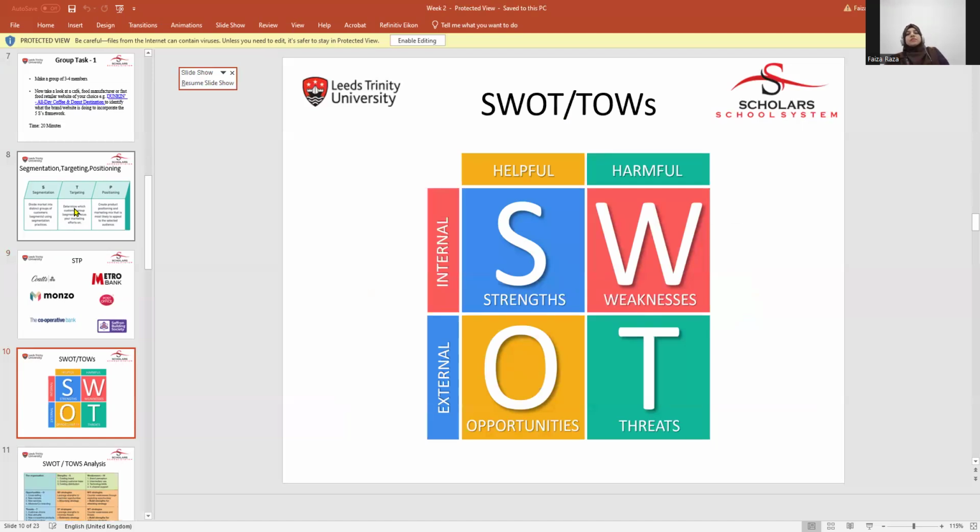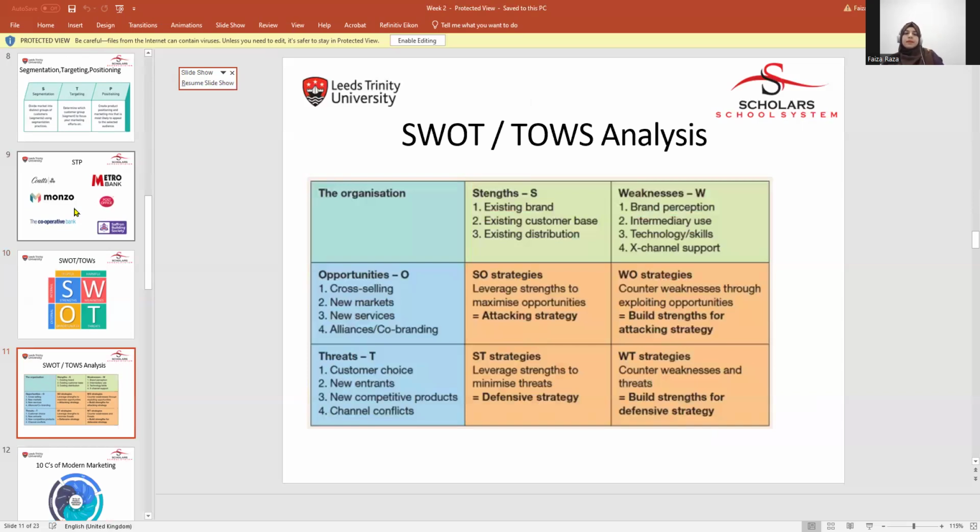SWOT analysis is an internal analysis of the organization, which looks at the strengths, what they do well, then the weaknesses and how they can turn the weaknesses into opportunities, and then threats. So here, for S, you can say the existing brand is their strength, the existing customer base is their strength, and the existing distribution is also a strength of the organization.